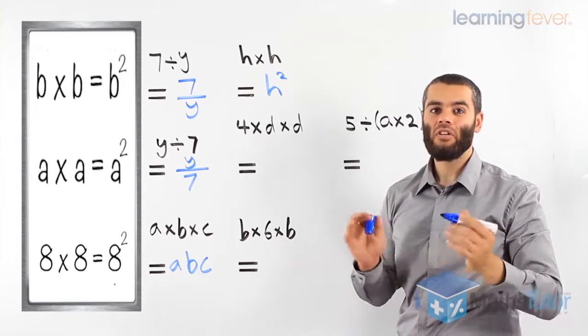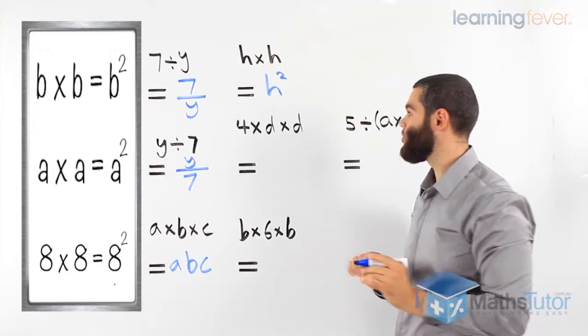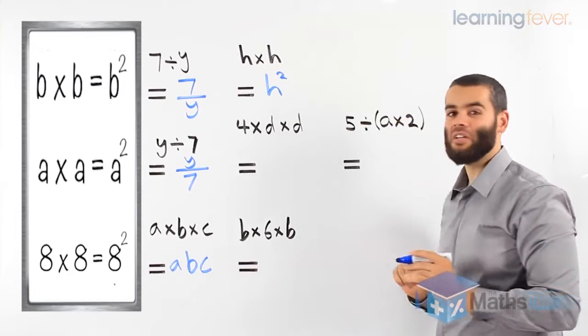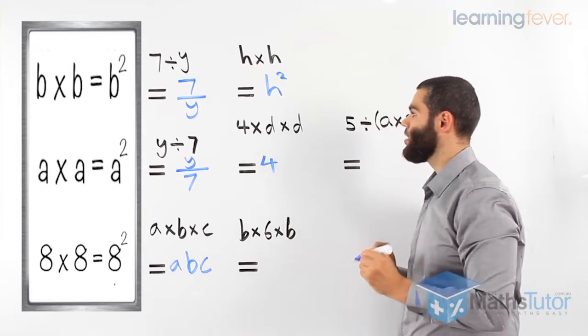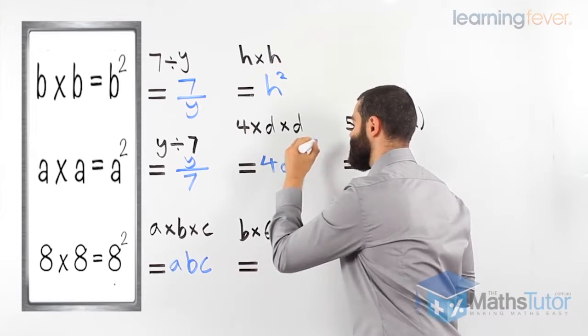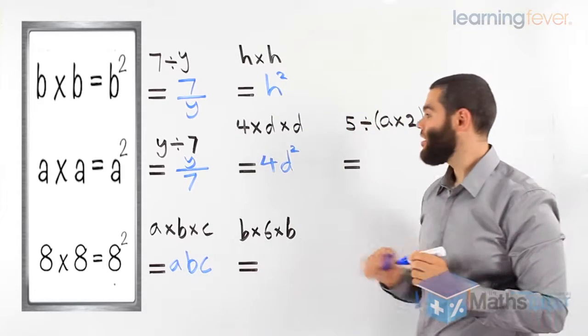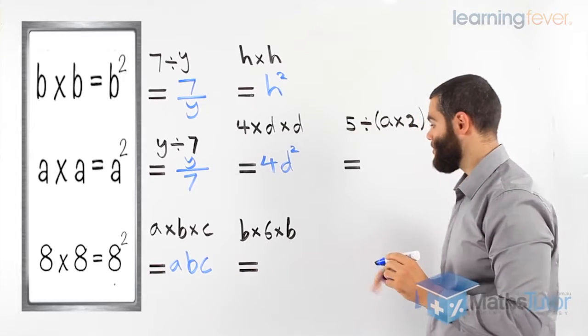So H times H is H squared. In algebra, we always like to simplify and make things simple. 4 times D. 4 is our numeral, we write it first. And D times D is D squared. 4D squared is our simplified answer for 4 times D times D.